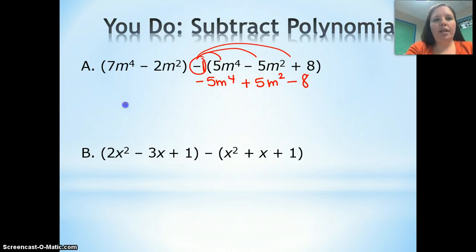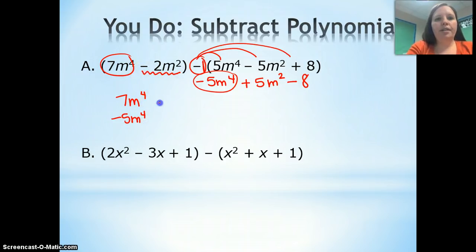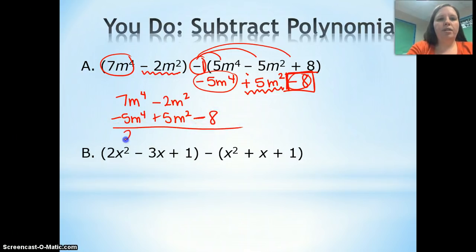So if we line those up vertical, 7m to the fourth has a like term right here, negative 5m to the fourth. Minus 2m squared has a like term with plus 5m squared. And then this minus 8 doesn't have any like terms to go along with it, so we are left with 2m to the fourth plus 3m squared minus 8.